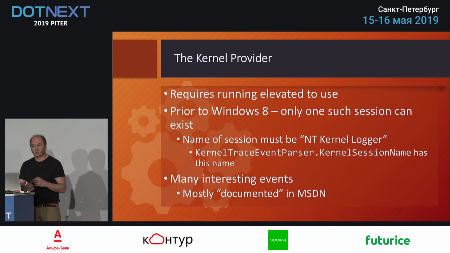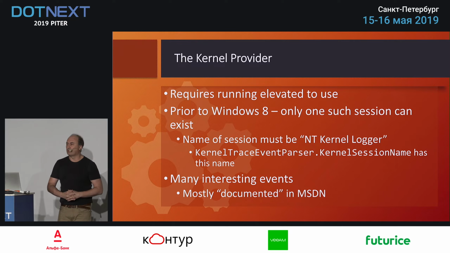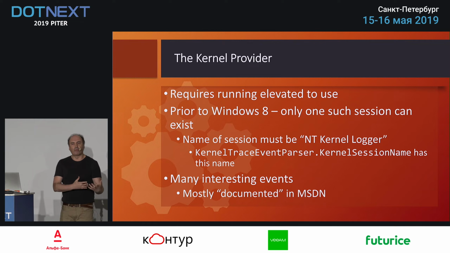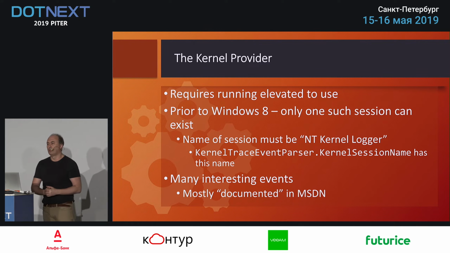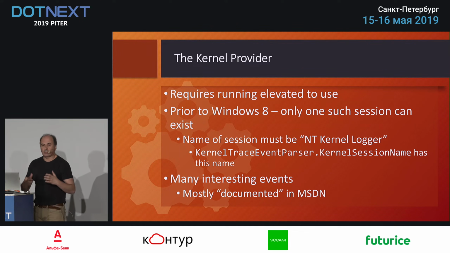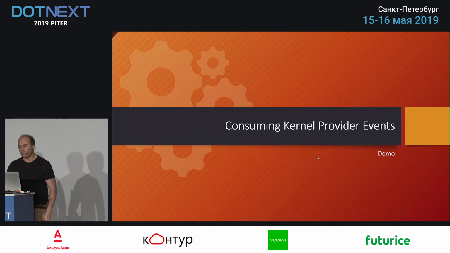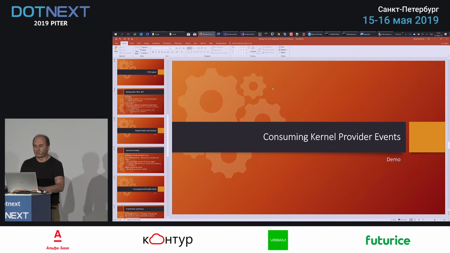So the kernel provider is really powerful. It also allows you to do something like profiling. You can get every millisecond information about what was running on the machine, and so you can do actual profiling of code to see where your CPU is at that particular range of time that you're measuring the performance. Let me show you some examples of using the kernel provider.